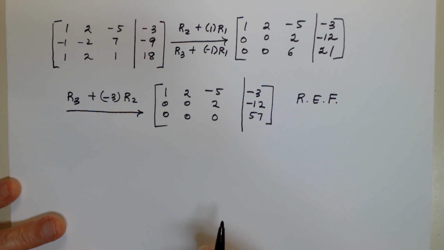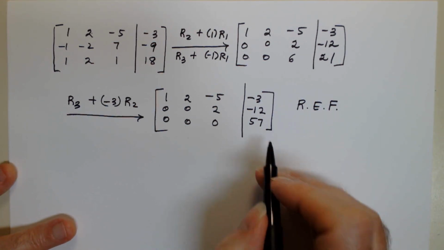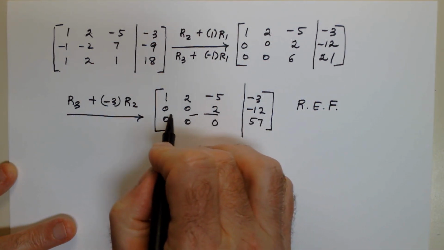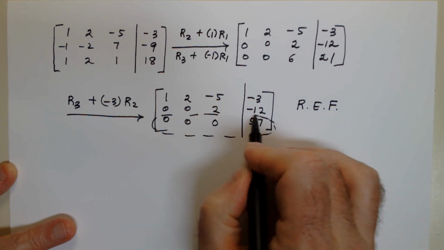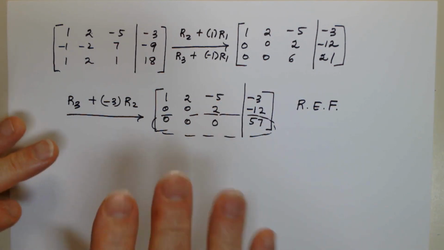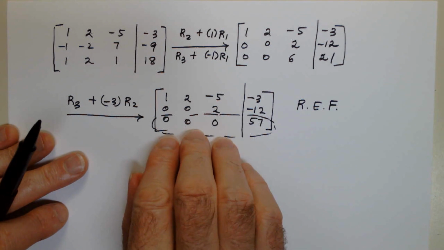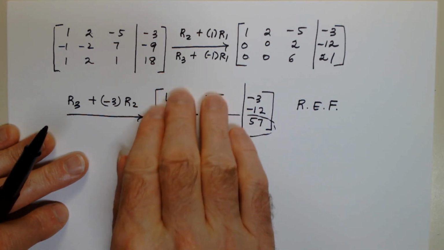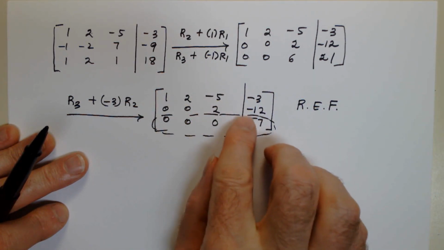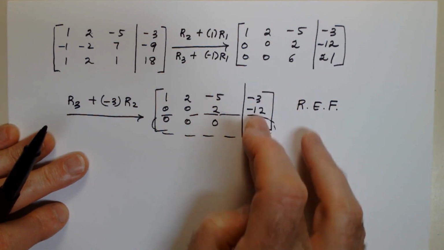Now, I would say the jarring thing is right here. And what I'm about to say is going to apply anytime you see this. We have a row of zeros in our coefficient matrix paired up with something non-zero in the constants column.